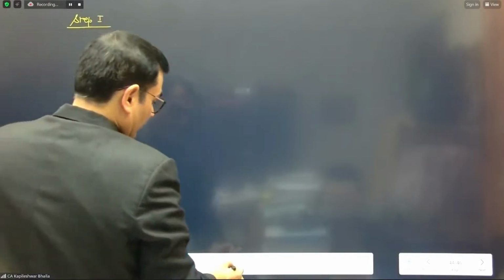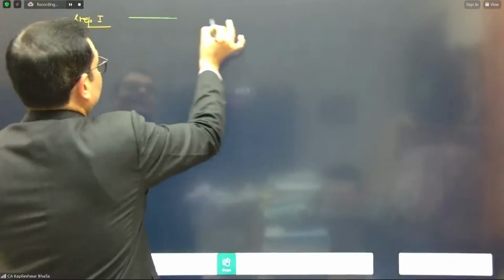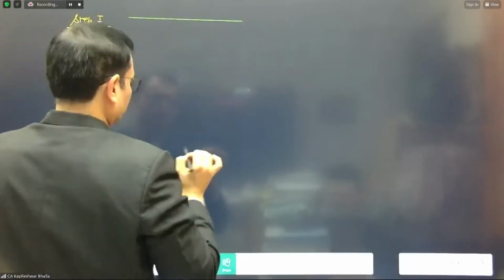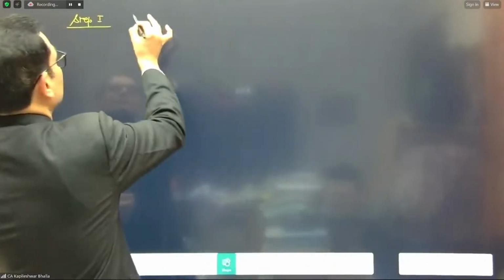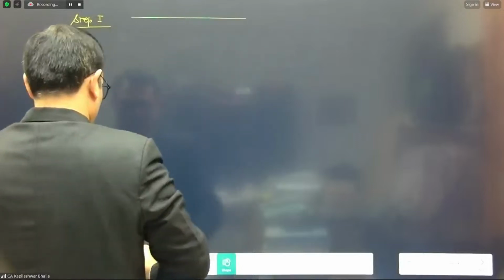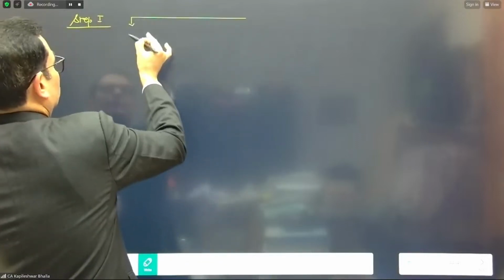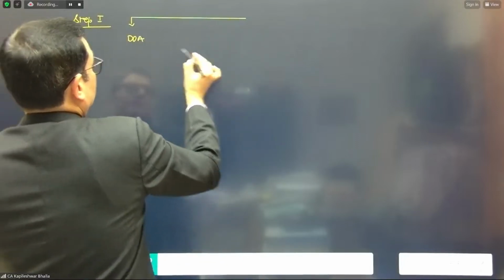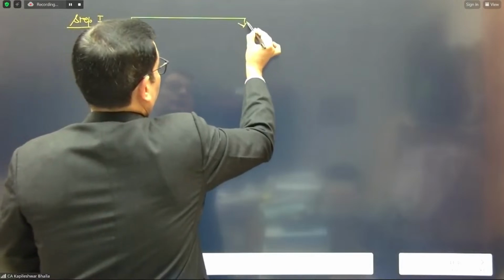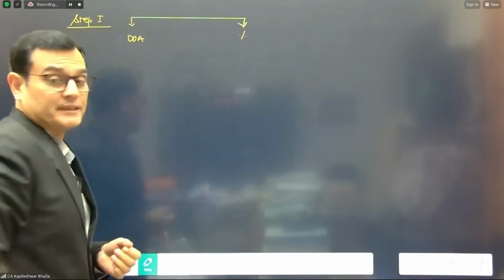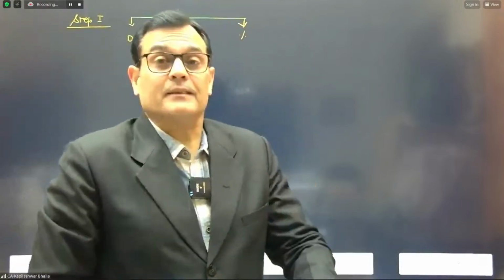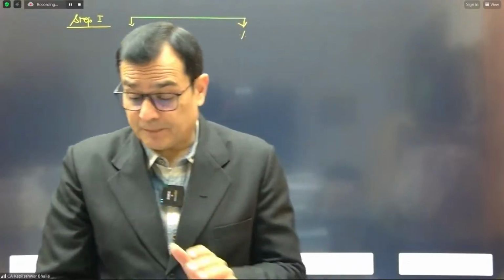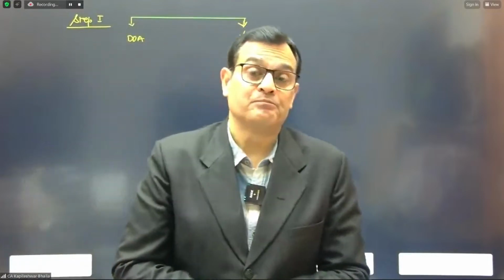Step number 1, where you need to consider the date of acquisition and the percentage. So let's see what is the date of acquisition and what is the percentage. And in this particular question, I would like to pinpoint as well, the post-acquisition period comprises a period of 2 years because the date of acquisition is 1st April 17 and you're making the balance sheet on March 19.